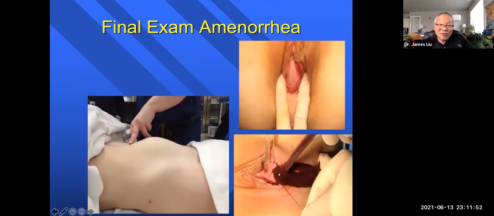Notice the large abdominal bulge. This is an intraoperative picture. And the hymen showing some bulging, normal external genitalia, and then the large amount of hematometra that egressed with the opening of the hymen. So this is an outflow tract obstruction, easy to diagnose, something you can do in the office.